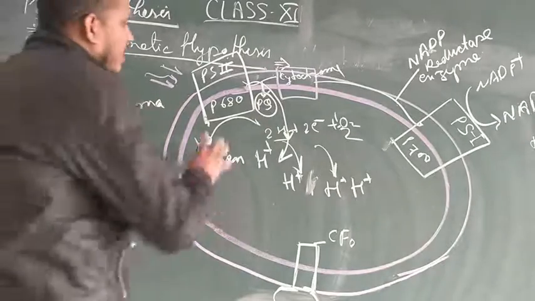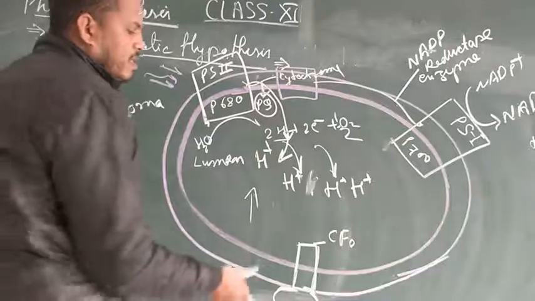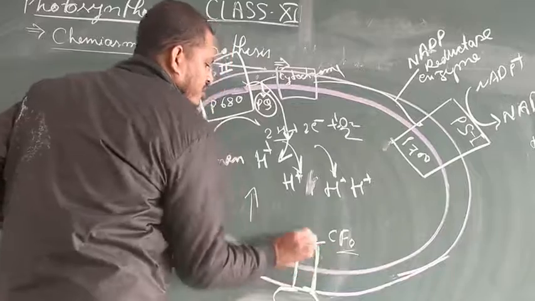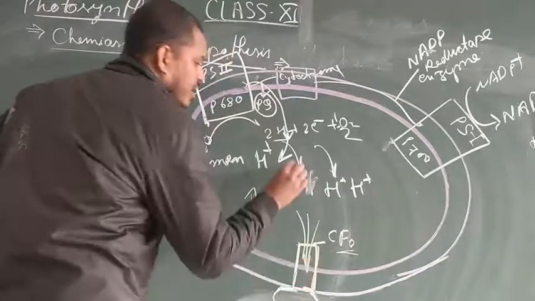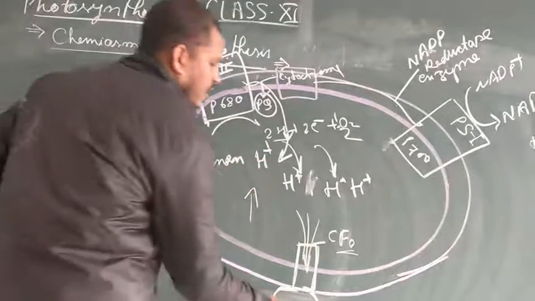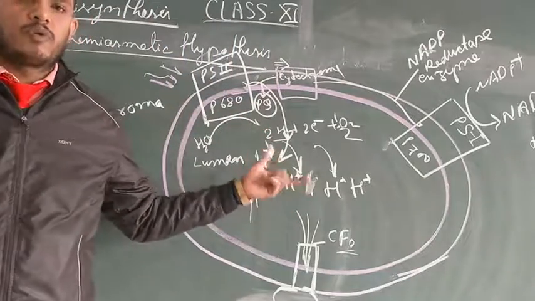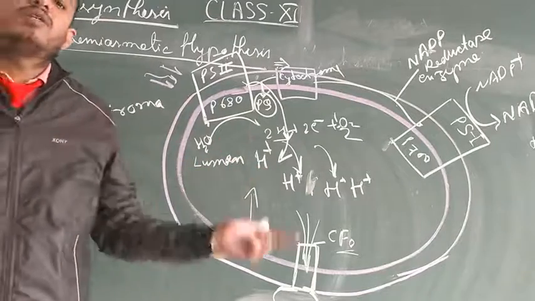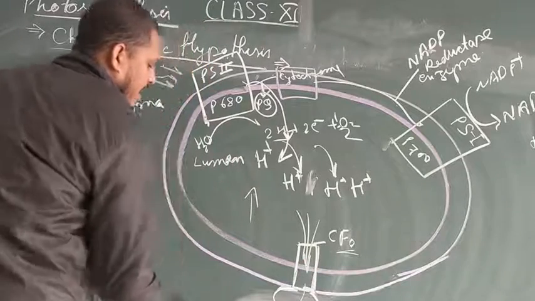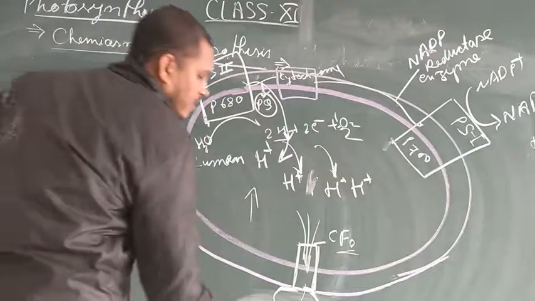Inside the lumen, the gradient of protons increases. Now, this enzyme ATP synthase, the CF0 region, is responsible for the entry of the hydrogen ions, and when they come to the CF1 region, the proton gradient is converted, and when they move inside, ADP is acted upon. This hydrogen ion causes the addition of what?